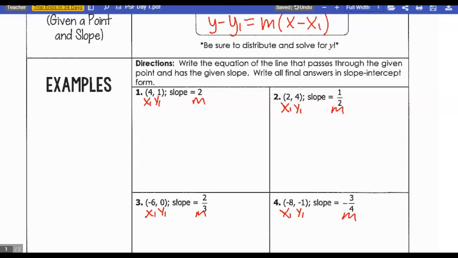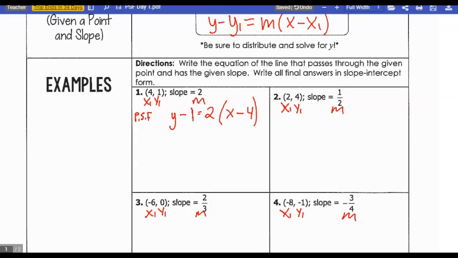So let's just start by writing this in point slope form. Y minus y1. So it's y minus 1, because that's what y1 is. And that equals my slope, which is 2. And then in parentheses, I have x minus my x1.